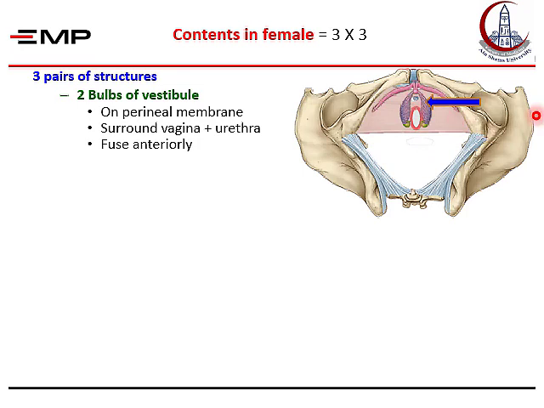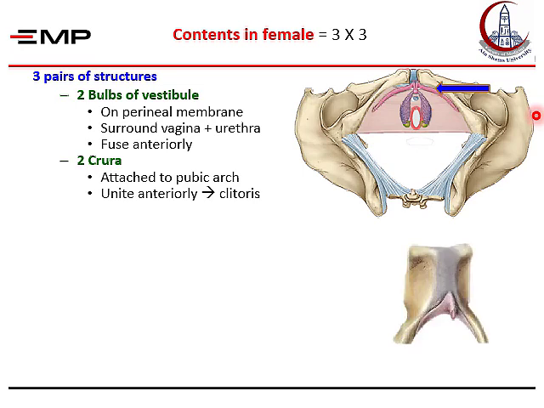They are made of erectile tissue. And we have the 2 crura, right and left. Each is attached to the pubic arch. Both unite anteriorly to form the clitoris. So the clitoris is erectile tissue, and it's made by the 2 crura, and the bulb does not share in its formation.